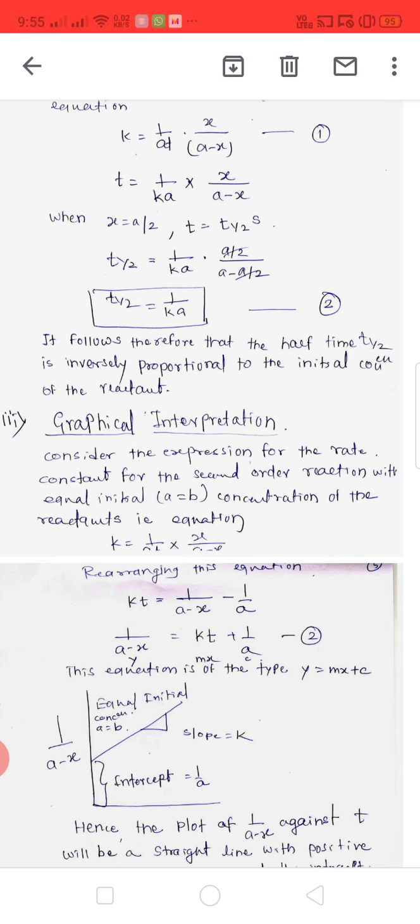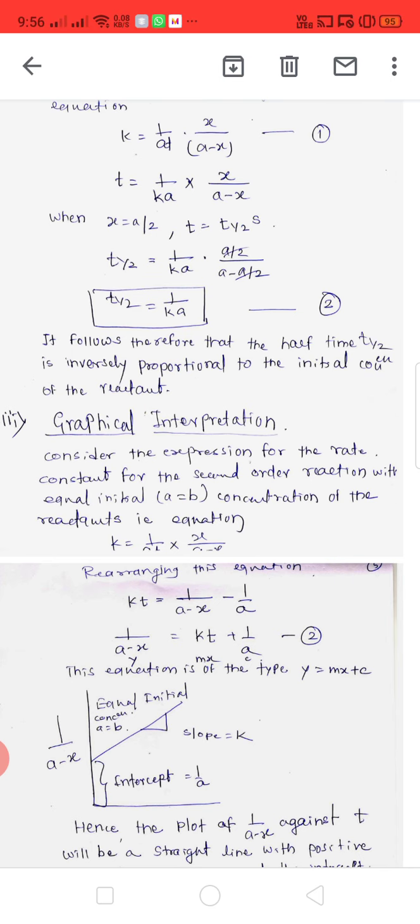So t is equal to 1 upon ka into x upon a minus x. When x is equal to a by 2 and t is equal to t1/2, t1/2 equals 1 upon ka into (a by 2) upon (a minus a by 2). The common factor is cancelled, so t1/2 is equal to 1 upon ka. That is equation 2. It follows therefore that the half time t1/2 is inversely proportional to the initial concentration of the reactant.